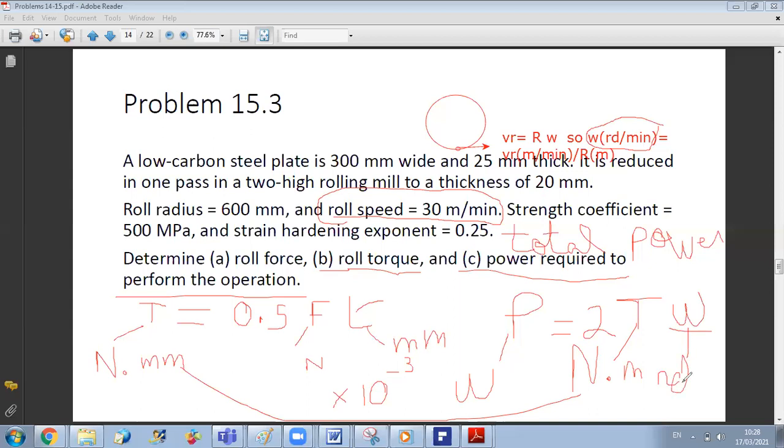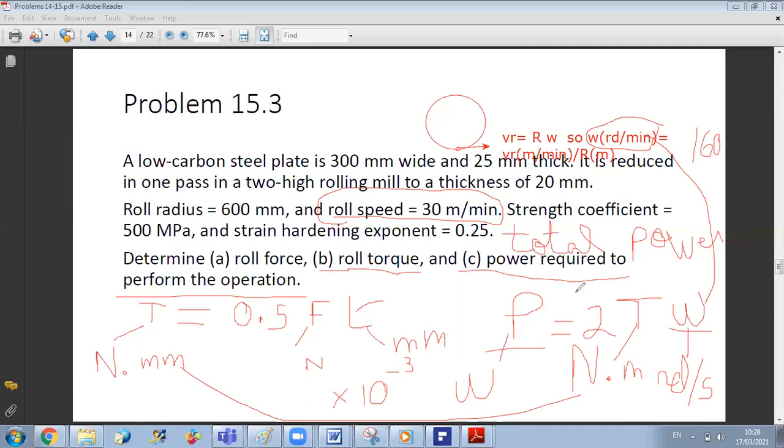So to convert from radian per minute to radian per second, I should divide the value by 60. Once I do this, I will get the power in watt.